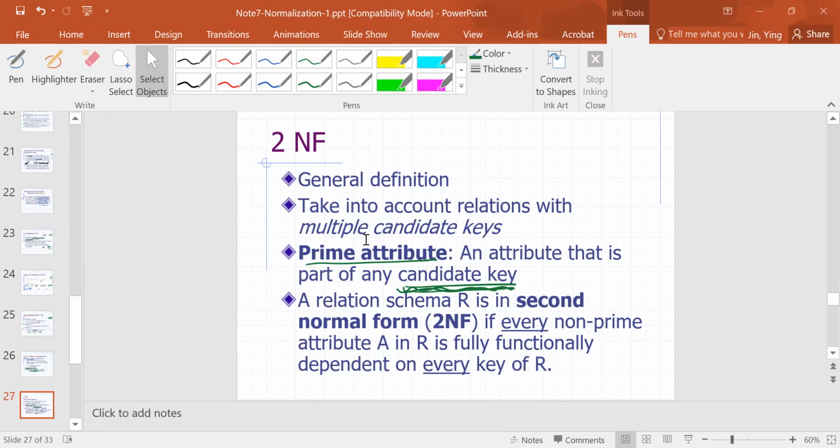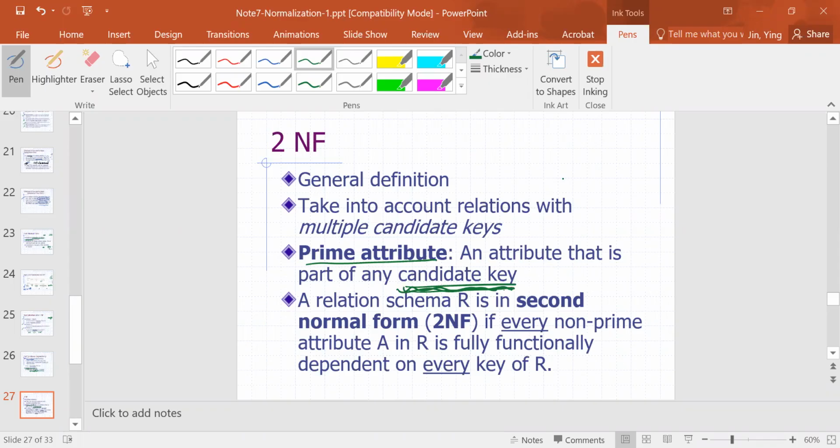If we consider all the candidate keys, multiple candidate keys, this is called the general definition of second normal form. You have to use the definition we used in class to answer questions in the exam. There are other ways to define second normal form and third normal form, and if you use any other way to answer the question, you just get a 0 for the question. In the book, you may see a version based on the primary key only for second normal form.